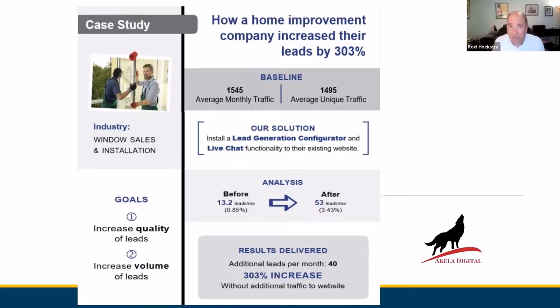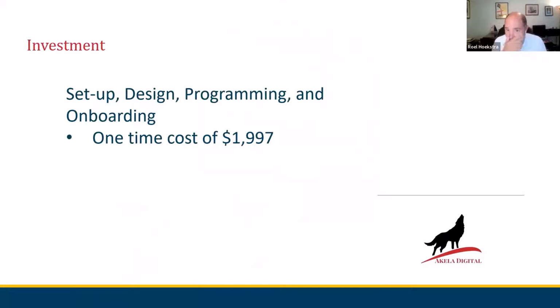Second thing, of course, is this is a window, same thing. They went from 13 to 50 leads on 1,500 monthly visitors. So, the configurator just gets you the better leads, the higher quality leads, and more of them without doing anything other than giving your site visitors what they want when they come to your page.